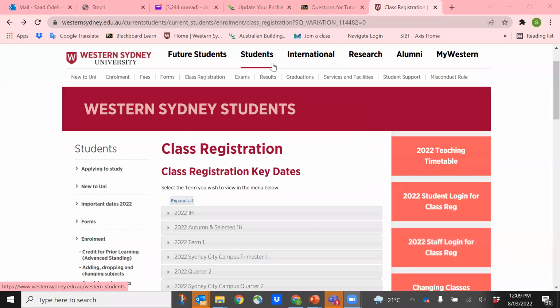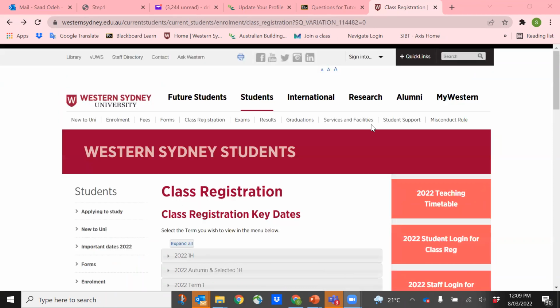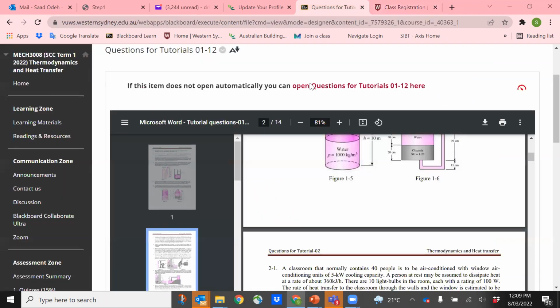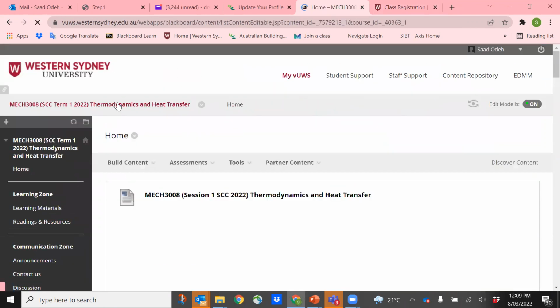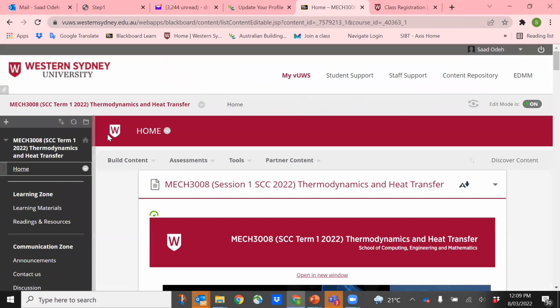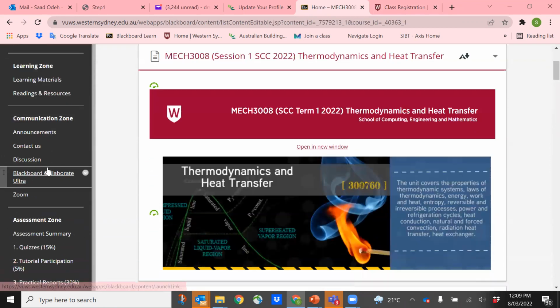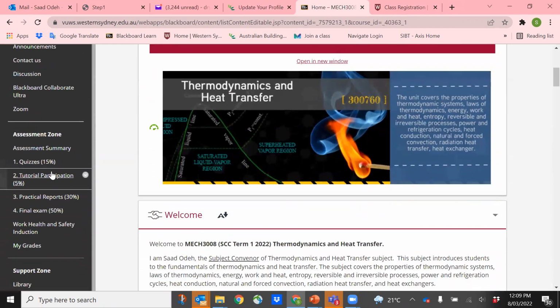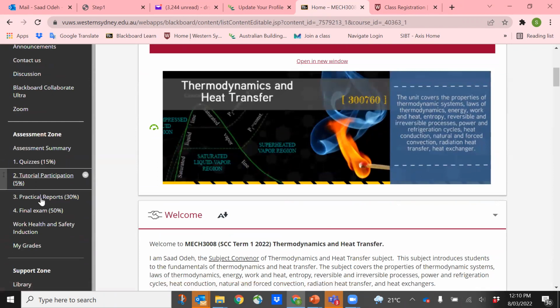If you go to the unit site, on the first page you can look at the learning material, and underneath there are quizzes and tutorial. In the assessment zone, there is tutorial participation.